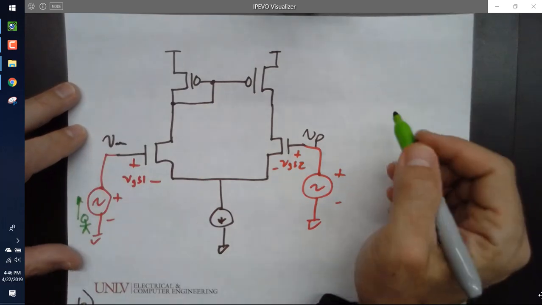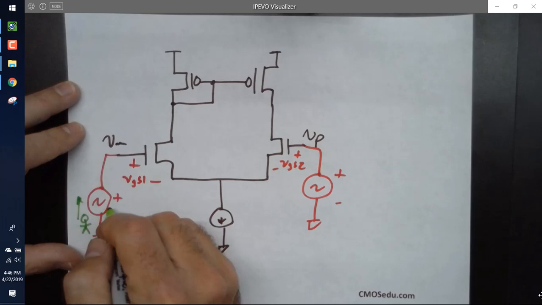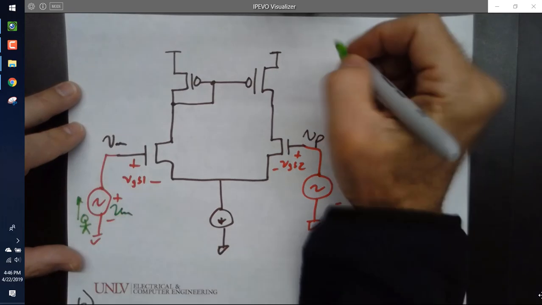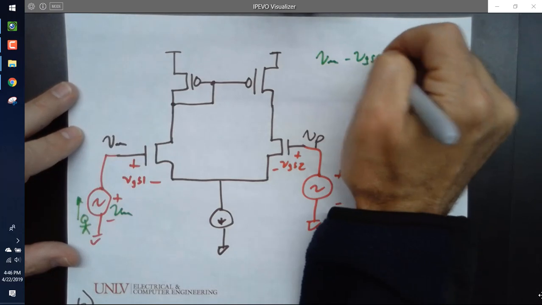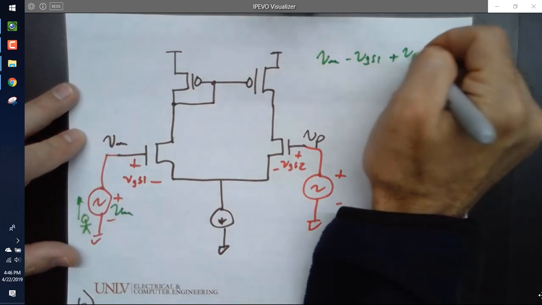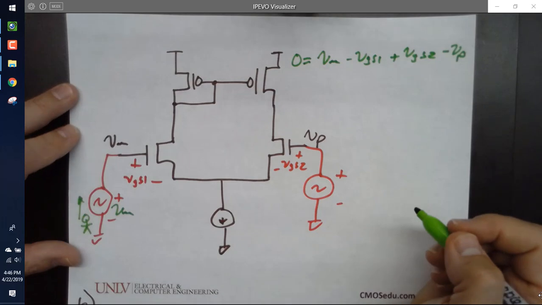All right. So what do I call this voltage source? V minus. So how about I write VM, VGS2 minus VT. Anybody not follow?